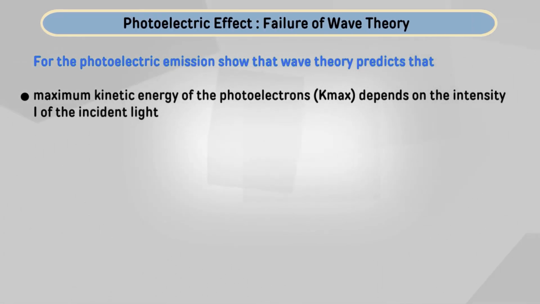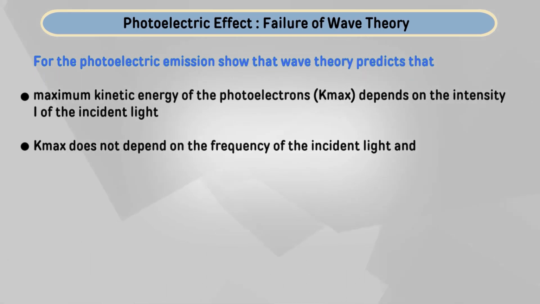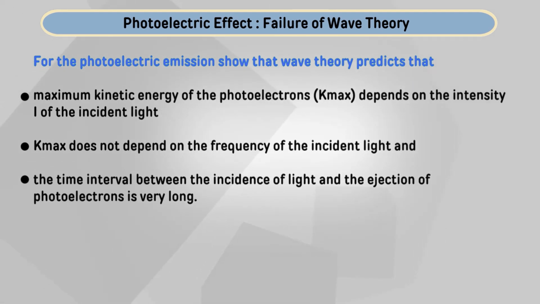For photoelectric emission, the wave theory predicts that the maximum kinetic energy of the photoelectron, K max, depends on the intensity I of the incident light. This is according to wave theory: the energy is related to the intensity of light. And this K max does not depend on the frequency of the incident light, according to wave theory. And the time interval between the incidence of light and the ejection of electron is very long as per this classical wave theory.